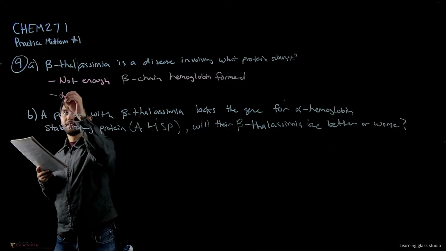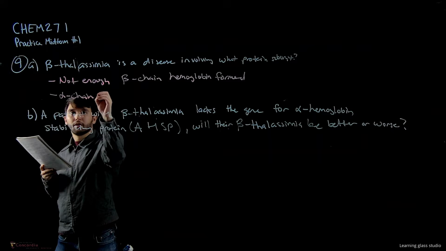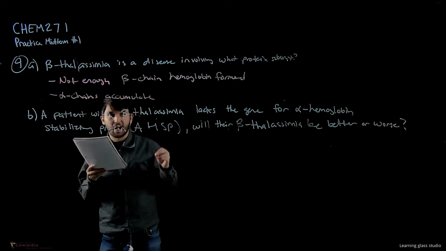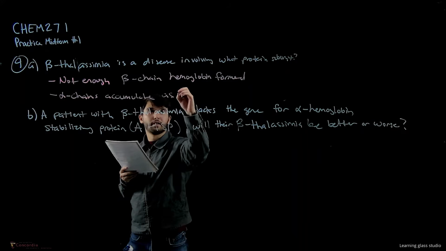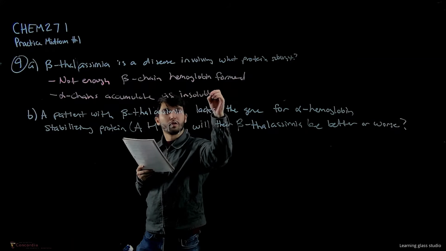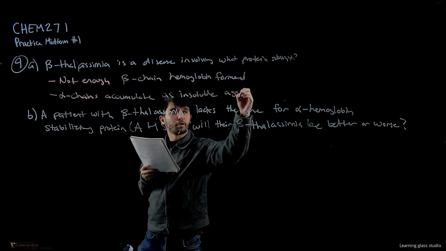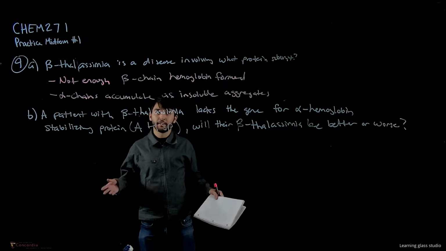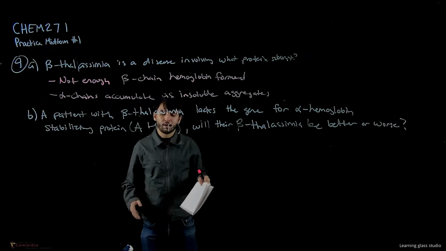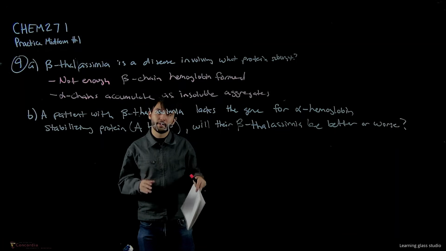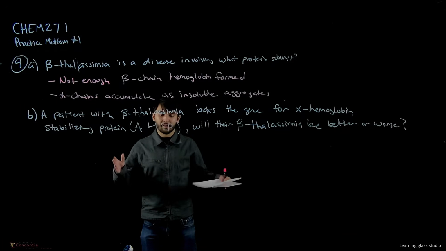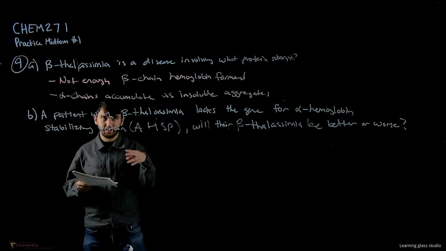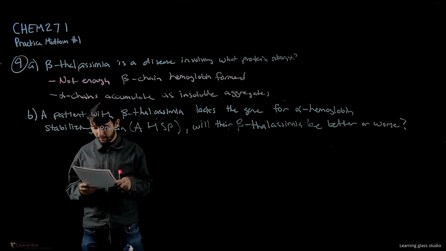So what this means is that the alpha chains accumulate as insoluble aggregates. So essentially, the alpha chains will sort of clump together. They will not be water soluble when they do that. Thus, that causes issues within cells and within your blood, okay? Because you have these big clumps of these alpha chains.